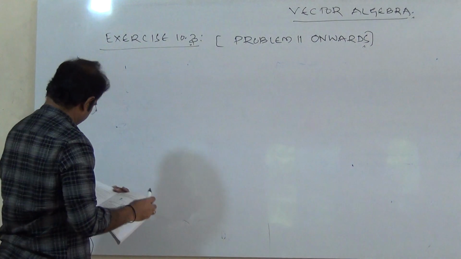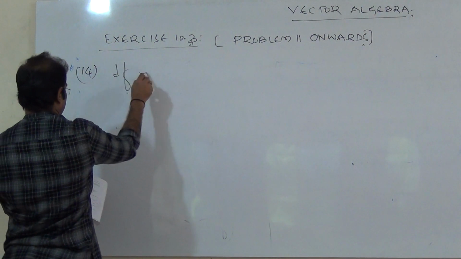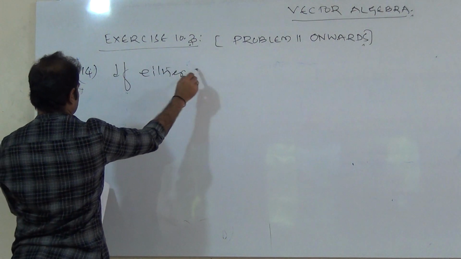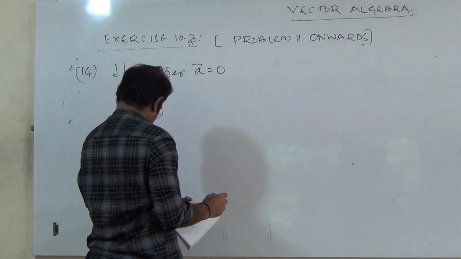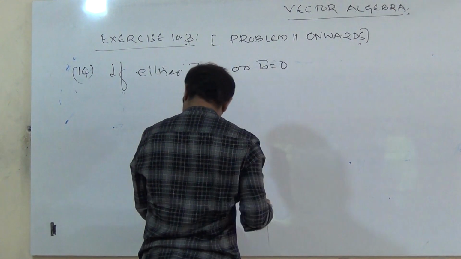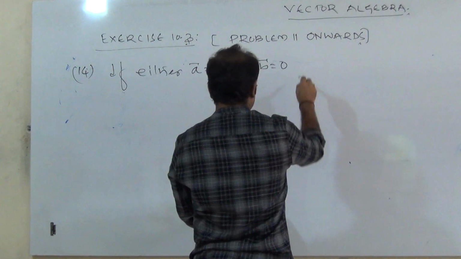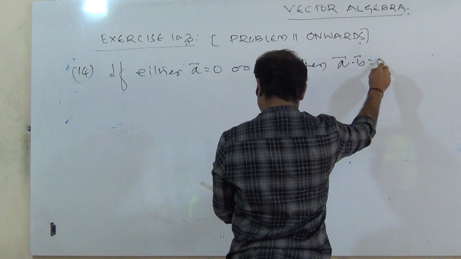Either the vector A equal to 0 or B equal to 0, then A dot B equal to 0.